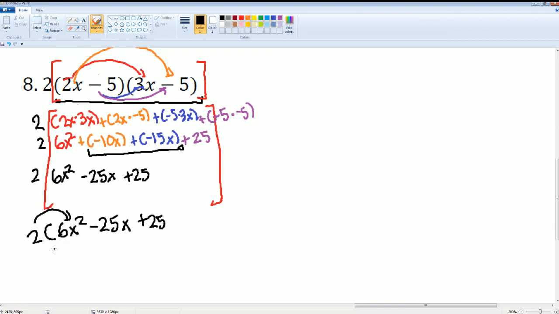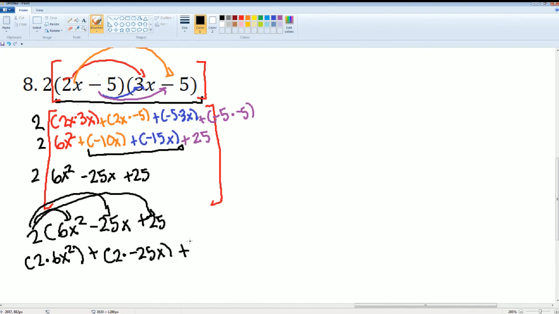2 times 6x squared plus 2 times negative 25x plus 2 times 25. Okay, 2 times 6x squared becomes 12x squared, right?